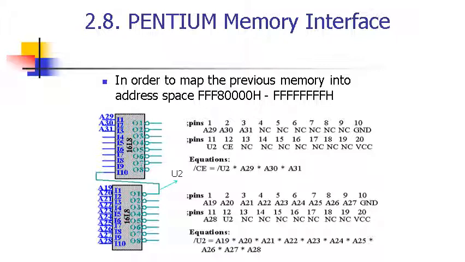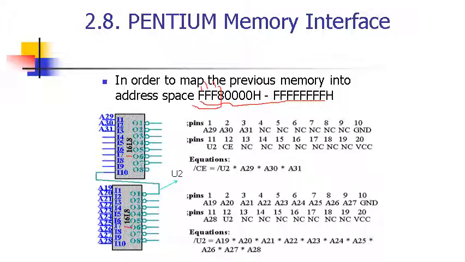Okay, now we are going to use two PLDs, 16L8, to interface our memory to your Pentium using this address range. If you look closely at this address range, you have 4, 8, 12, and the most significant one of these 8.